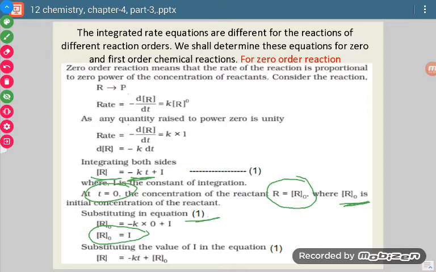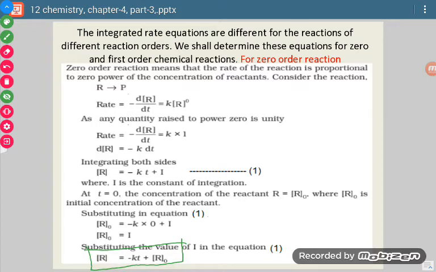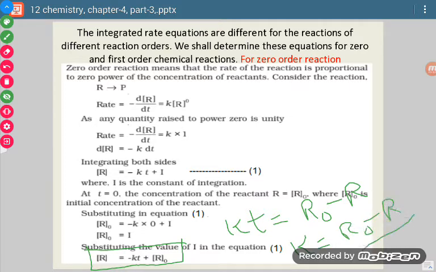Now when we put this value, we get the equation concentration of R is equal to minus kt plus R naught. From this, when we take kt to that side and R to this side, it becomes kt is equal to R naught minus R, or k is equal to R naught minus R over t. This is the integrated rate law for zero order reaction.